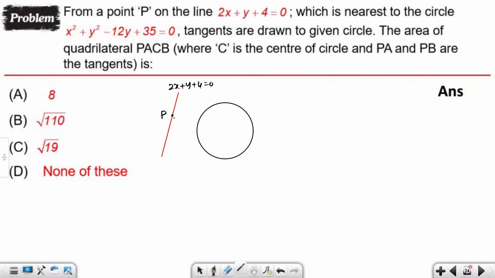If this P is nearest to the circle, then where should this point P lie? Point P is such a point that if you join the center of the circle with that point, this line will be perpendicular to the given line. If it is so, then you will say that this point P is nearest to the circle, right? So your CP is perpendicular on the line given, right?